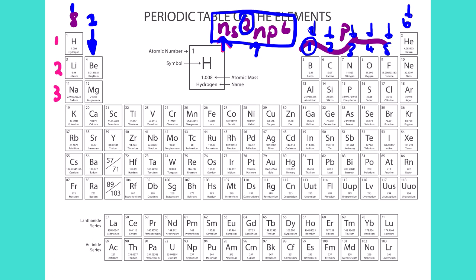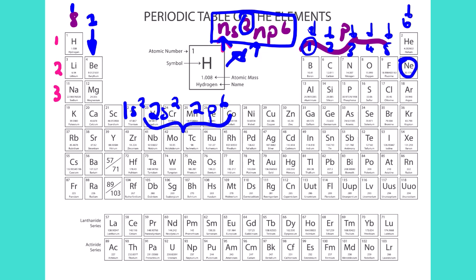We know that the electron configuration of neon will be 1s2 2s2 2p6. Now looking at this outer electronic configuration, you can see that it consists of this.